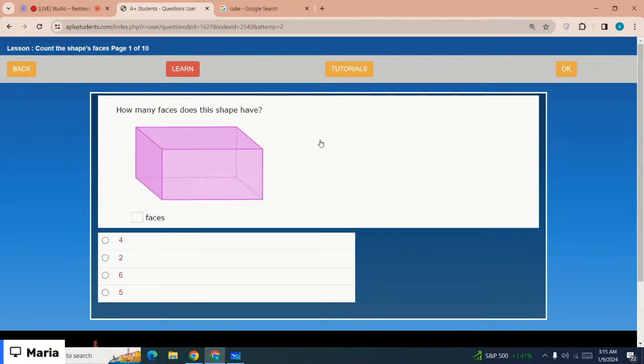So this shape has six faces. You can relate this shape to the shoebox. So a shoebox has six faces.